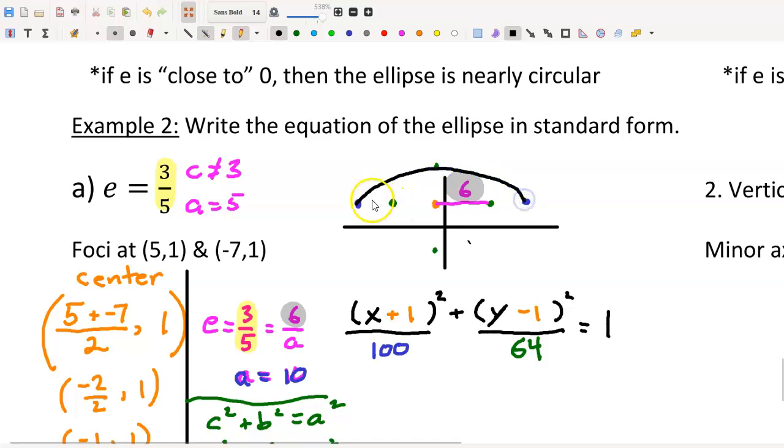Of course, it's just a sketch. It's not drawn to scale or anything, but at least you have a general idea of what it looks like. So this is 8. And then from the vertex to the center, that was 10. So there's your A, 10, B is 8, and 6 was the C.